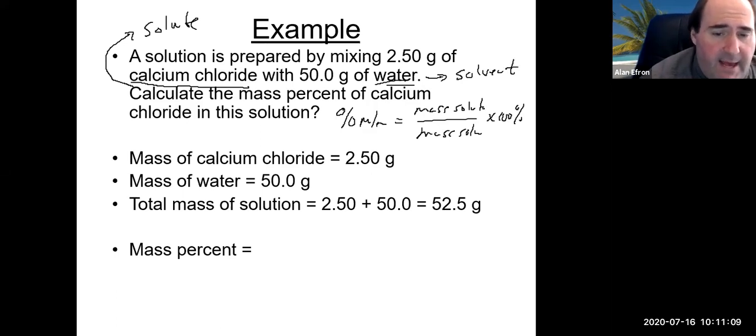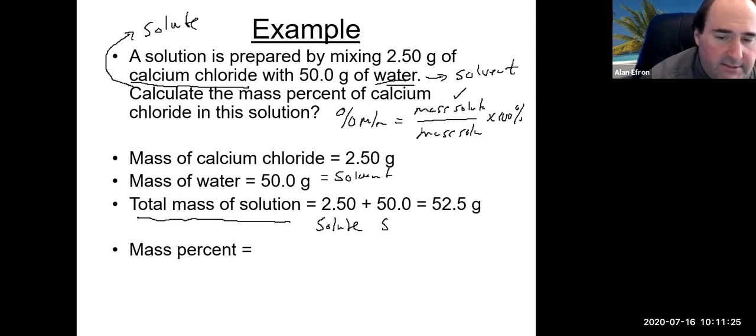So the mass of the calcium chloride is our solute, and the solvent here is our water. So it is important in this case, to get the actual mass of the solution, we need to take the solute plus the solvent gives us the mass of the solution, which is what we need here, right?